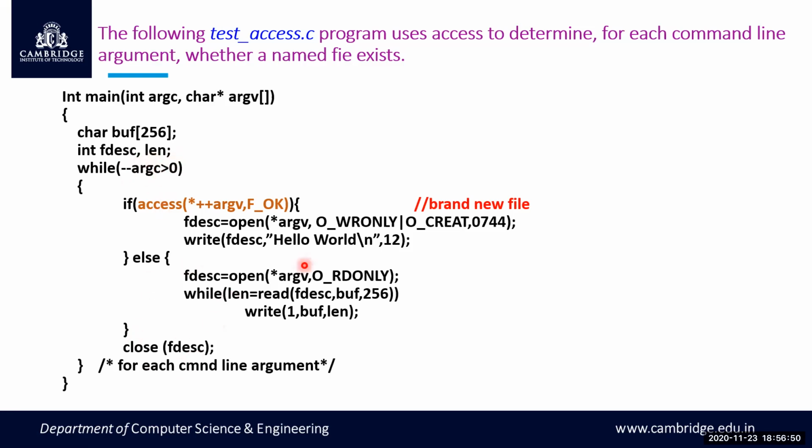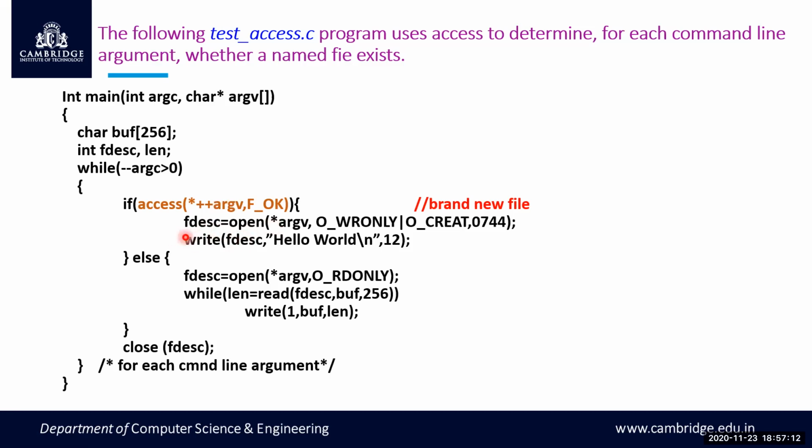For each command line argument, I'm applying all this. I can specify any number of files. Here is my access. Before I do the operation, I'm checking whether the file I'm giving as a command line argument exists or not.